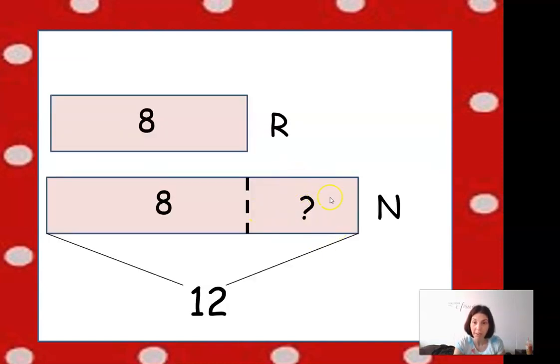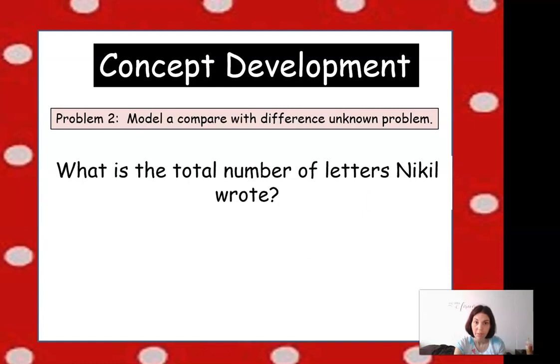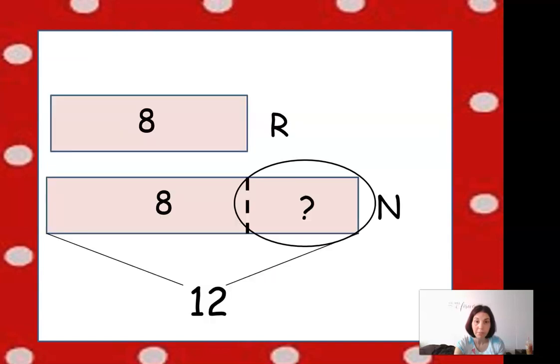This is how many more letters she wrote. What is the total number of letters Nicole wrote? If you look here, this is where it shows you the total. See these little arms? The arms point to the total. So this is the total number, 12.